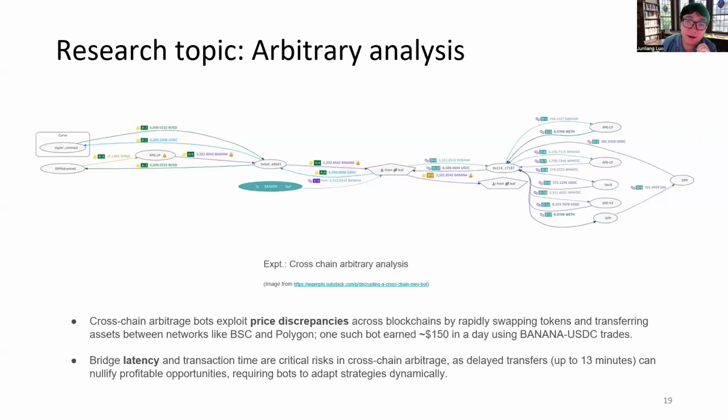So one research field of this topic is to study the arbitrage bots, to explore the price discrepancies across blockchains, to check the latency and transaction time, and to check the risk, because everyone wants to do the arbitrage and sometimes fail, sometimes succeed.